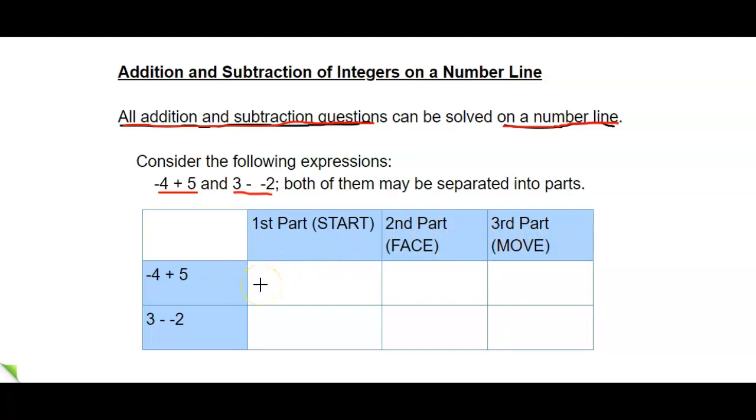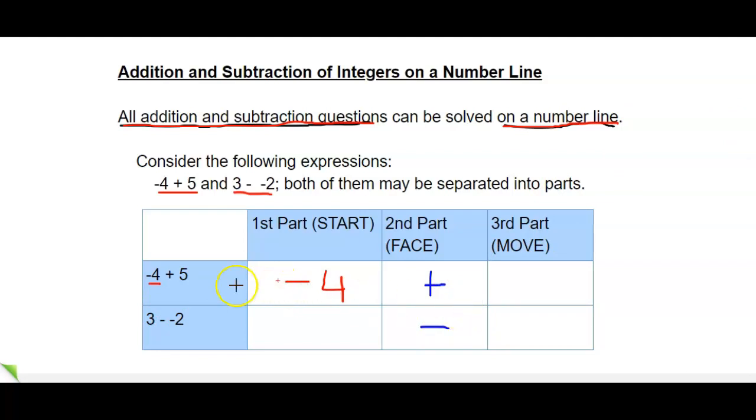So for negative 4 plus 5, the first part is negative 4. The second part is the positive sign, so the second part is plus. Down here the second part is minus.